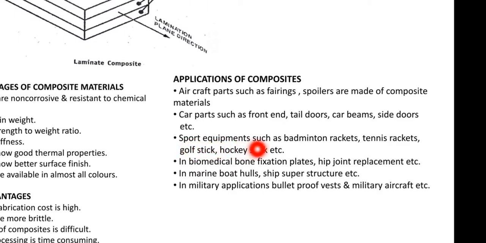Then sports equipment such as badminton rackets, tennis rackets, golf sticks, hockey sticks, etc. In biomedical, bone fixation plates, hip joint replacement, etc. In marine, boat hulls and ship superstructure. In military applications, bulletproof vests and military aircraft, etc.